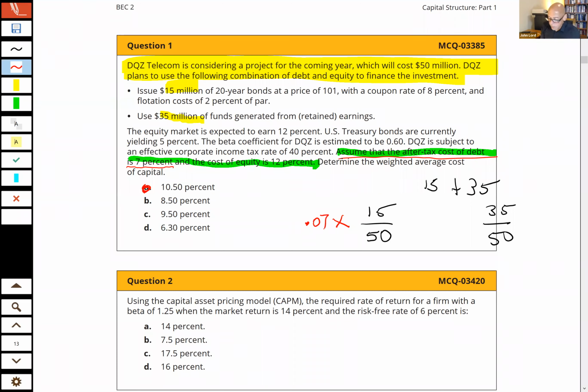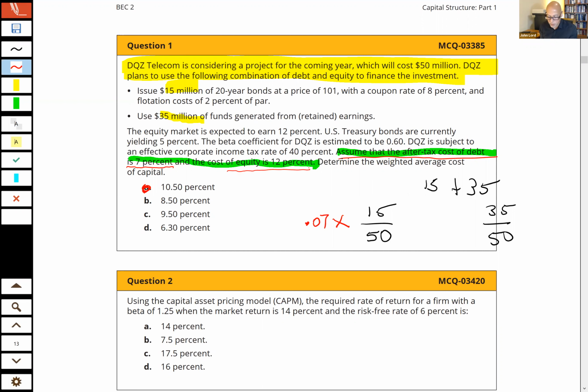What's annoying about this question, and maybe why it took you some time, is they give you the elements so that you would think you should be using the CAPM. But at the end, they tell you that the cost of equity is 12%, and we have three methods that we can use to calculate the cost of equity, so we don't have to use the CAPM on this.